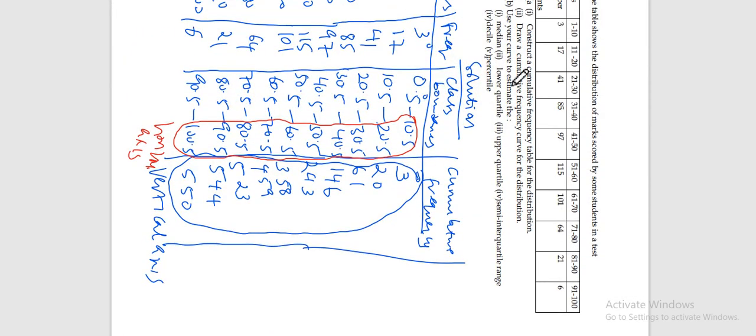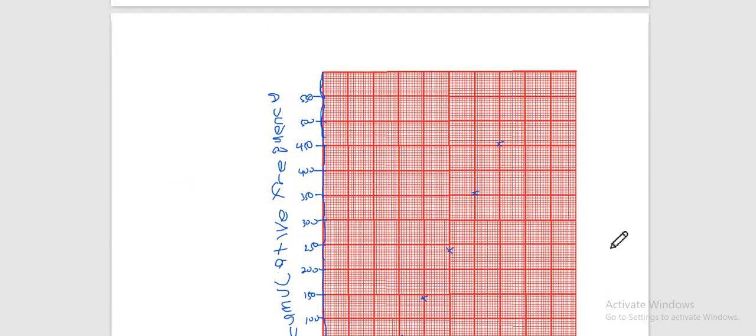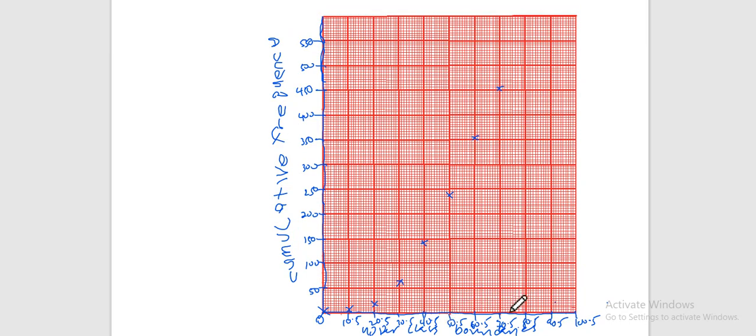At 80.5 we have 523. This 80.5 here, so 523 should be 1, 2, 3, let's say this point.